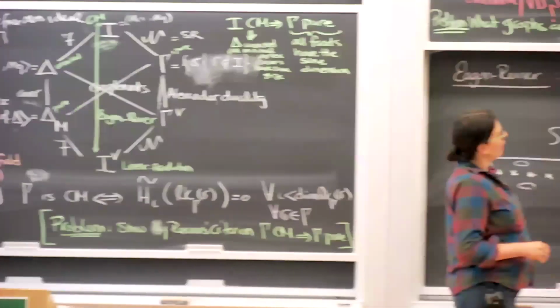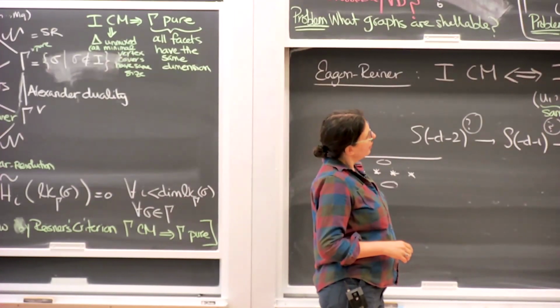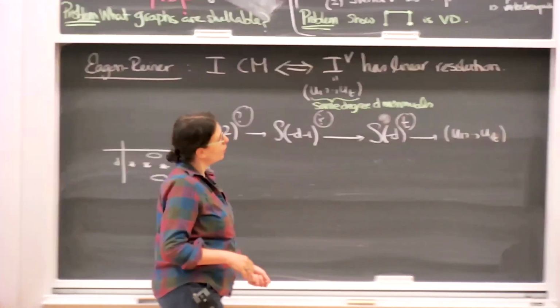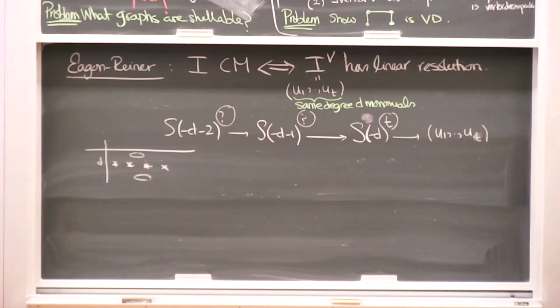So how about I first tell you about, I toss a coin and I'm going to tell you about Hochster's formula. So how about I do Hochster's formula here? So how to find Betti numbers using simplicial complexes.